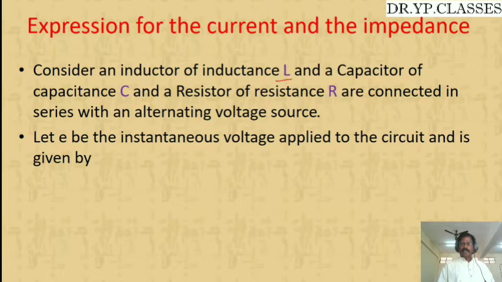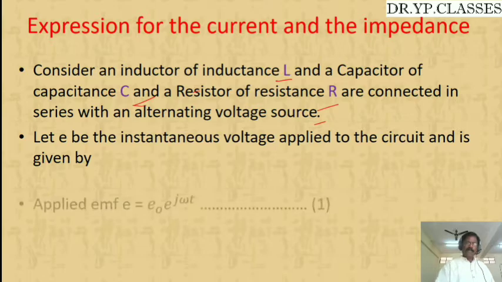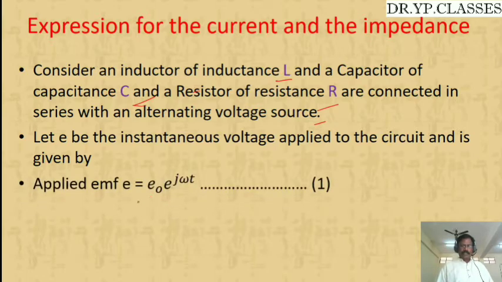Consider an inductor of inductance L, a capacitor of capacitance C, and a resistor of resistance R connected in series to an alternating voltage. Let E be the instantaneous voltage applied to the circuit. In terms of the J operator, we have to derive this equation.